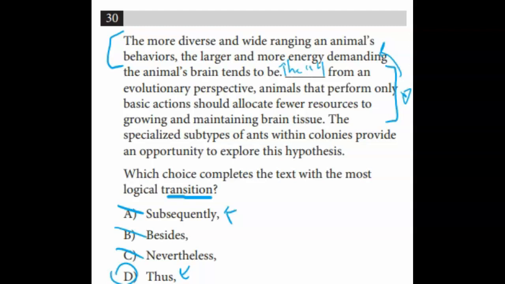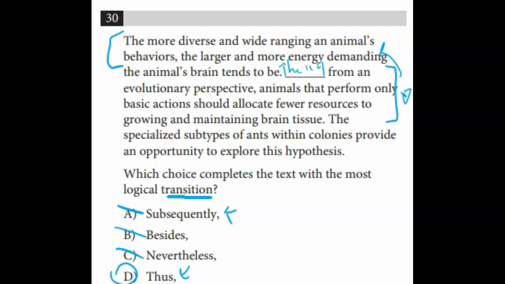And it implies that basically we say big brain means more actions, which means more food for the brain, but therefore or thus, from an evolutionary perspective, animals that do less things need smaller brains, therefore they don't need resources to allocate towards brain tissue or keeping a big brain.